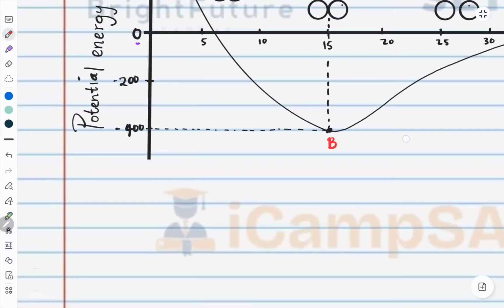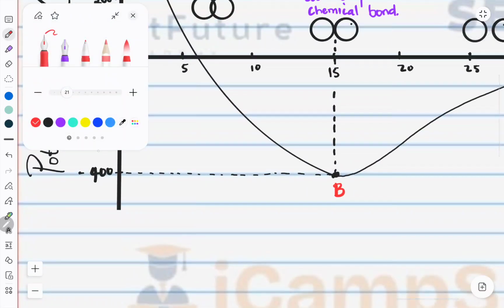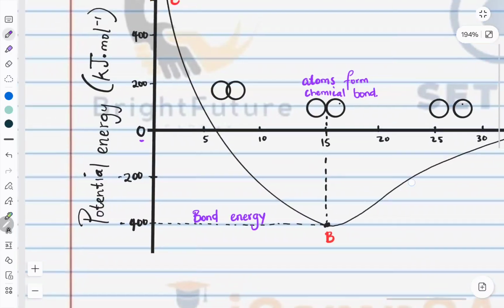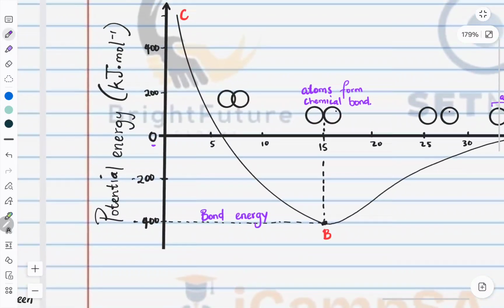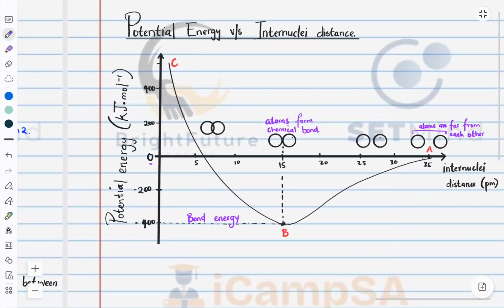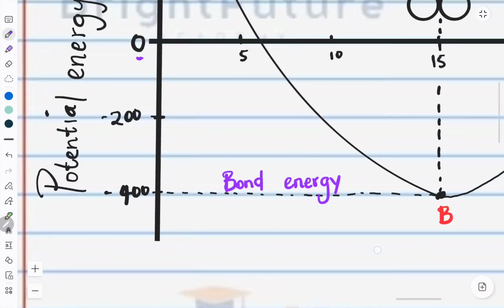So we can come and label our curve now. This is our bond energy. So now when we are given a graph of potential energy versus the internuclear distance, and we are asked to take out the bond energy from that graph, even though the value is negative, when you report the value, you put it as a positive number.